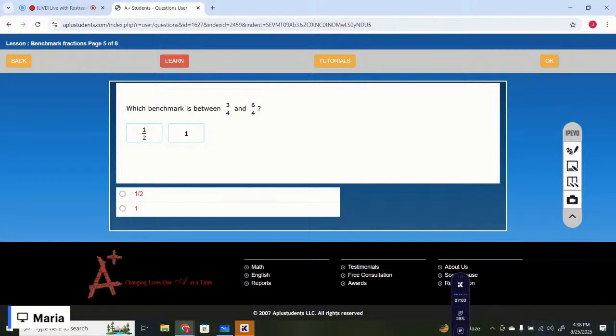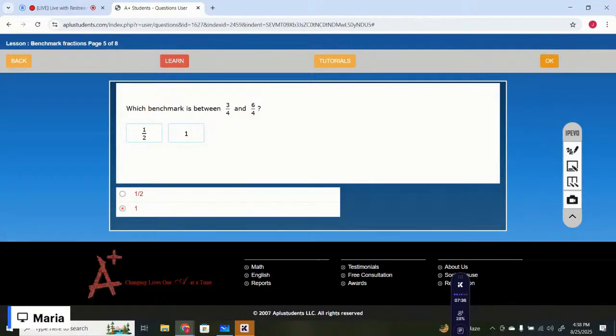Which benchmark is between 3 by 4 and 6 by 4? So which is the correct option? The correct option is 1.